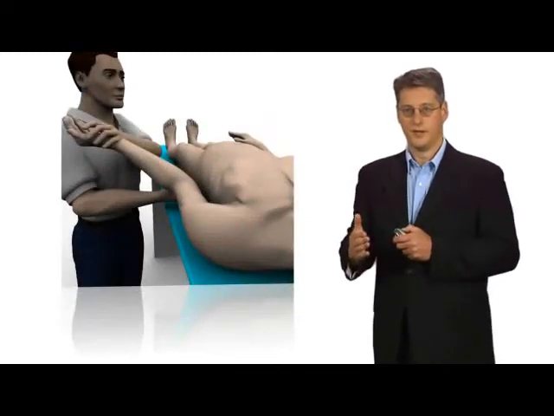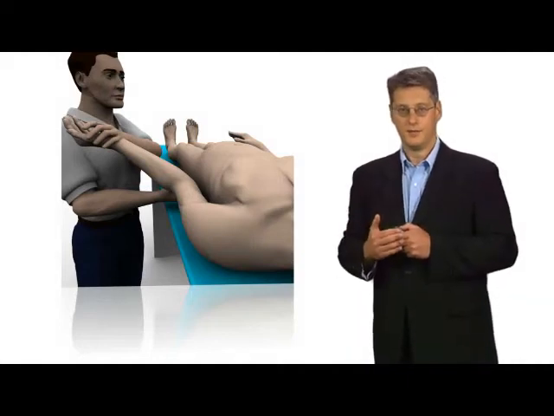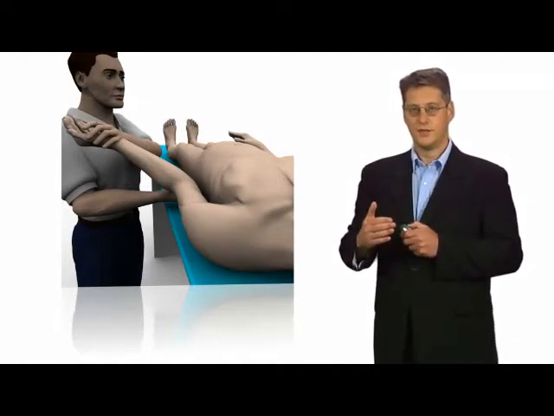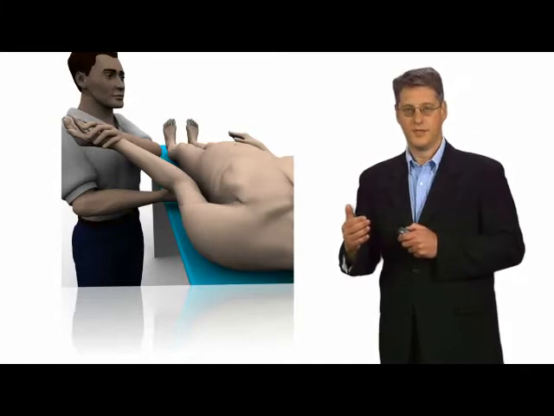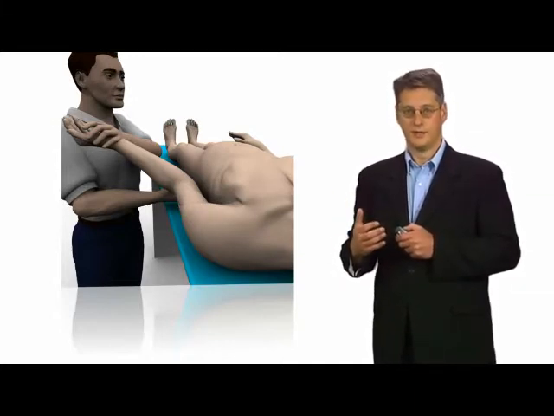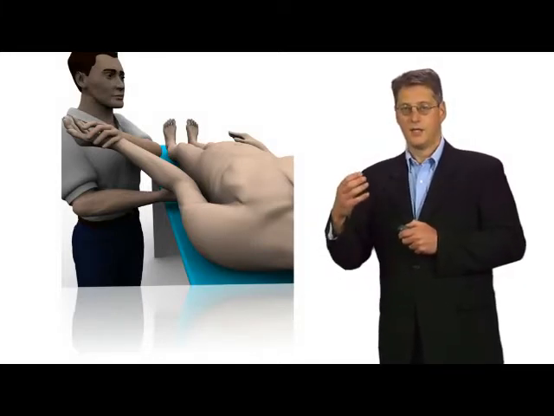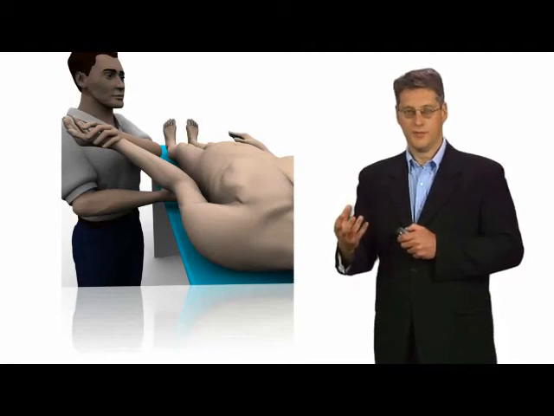For acute dislocations, the shoulder is generally manipulated back into joint. This is generally required to be done in hospital under sedation or an anesthetic. Recurrent dislocations generally need more treatment.